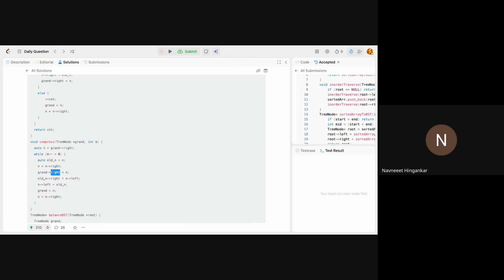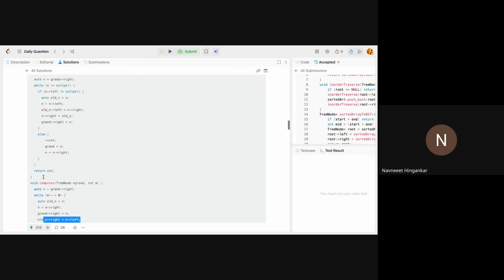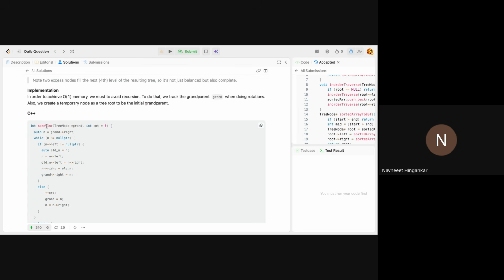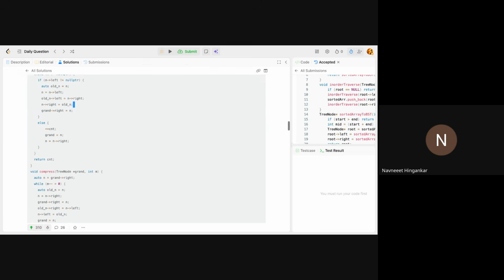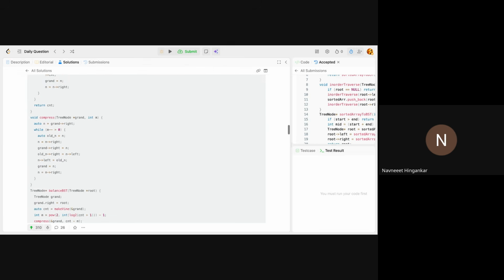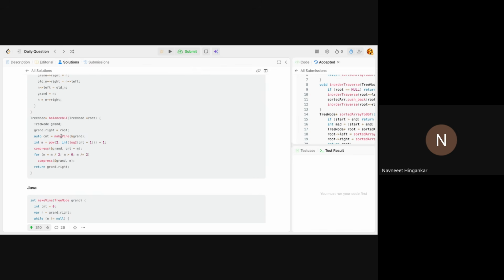The compression portion is the same, like make vine is the linked list that we got. But they have combined two algorithms together, make vine and grand compress.